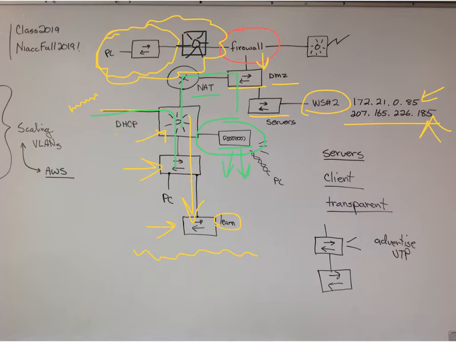Somewhere in here, I'm not sure where they put it, maybe here, maybe up here, somewhere in between there was a switch that we were going to make transparent. It will go ahead and forward the advertisements for the VLANs, but it doesn't accumulate any of that information.